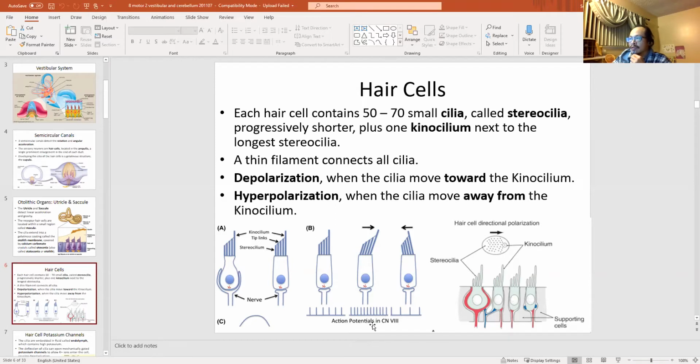This action potential will then travel through cranial nerve 8, entering into the brain. If the cilia bend away from the kinocilia, then it will cause hyperpolarization. So the number and the frequency of the action potentials will be reduced.